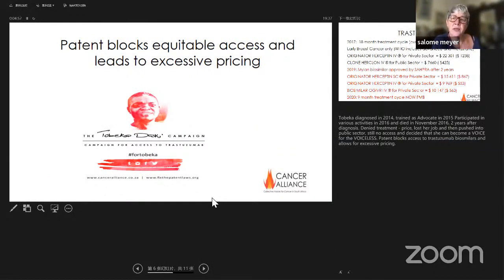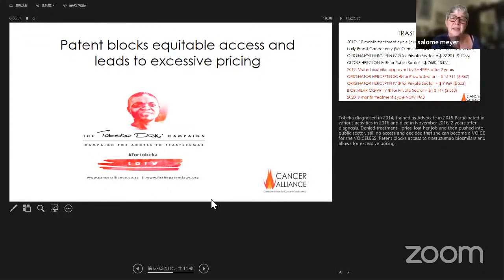The first example I want to use is trastuzumab, which was added to the WHO list in 2015. Our activist behind that, and the face behind the campaign, was Tobeka Daki, who unfortunately died 2 years after diagnosis, never having had access to trastuzumab. She was in the private sector. So that was specifically the situation for her.